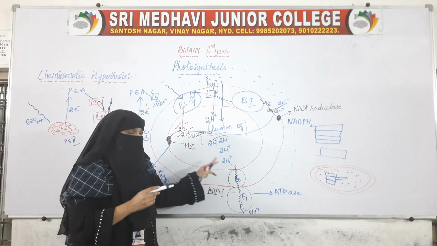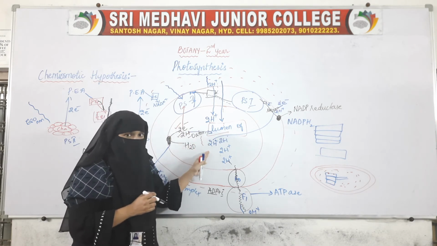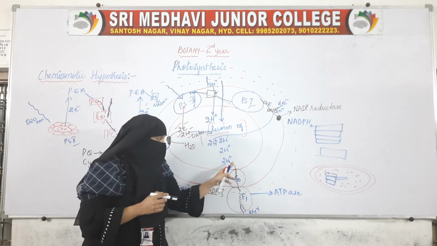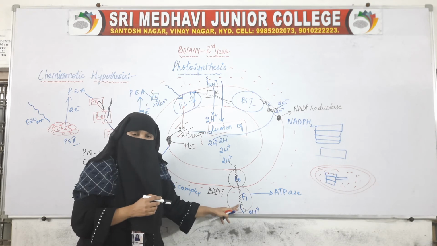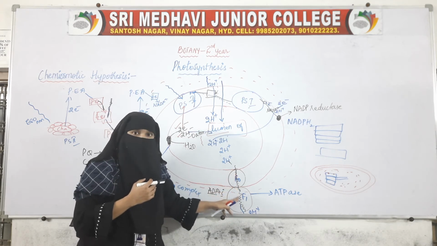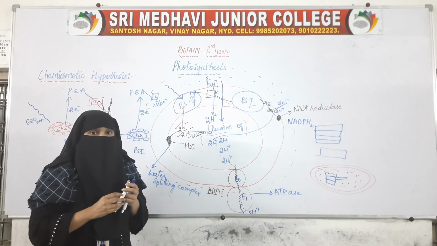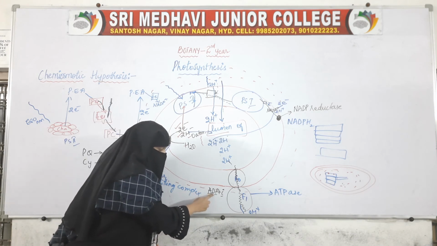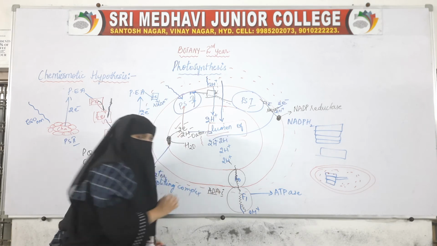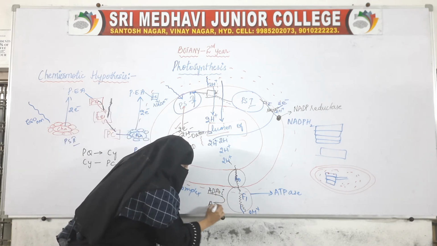When the protons move from higher concentration, that is from lumen, to lower concentration, that is into stroma, through these F0 and F1 particles, energy is created because of the movement of protons. With the help of this energy, ADP, that is adenosine diphosphate, is combined with inorganic phosphate, thereby producing ATP.